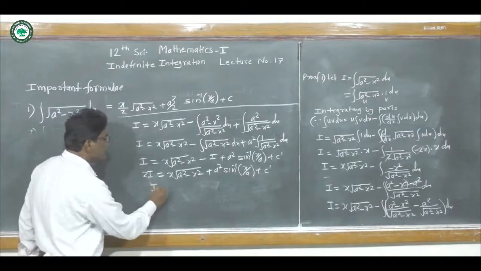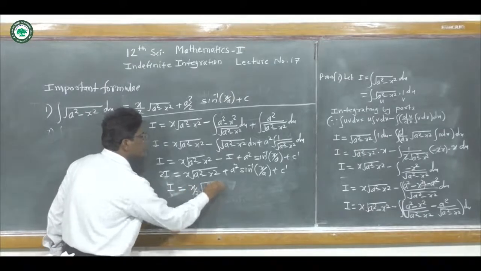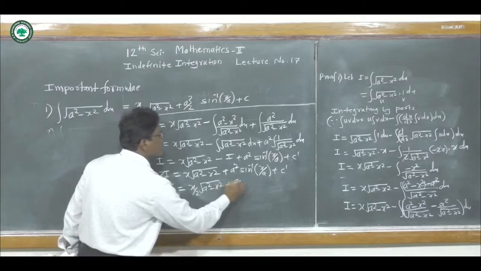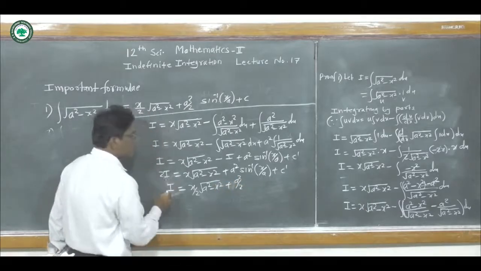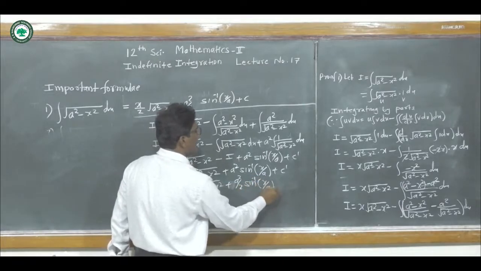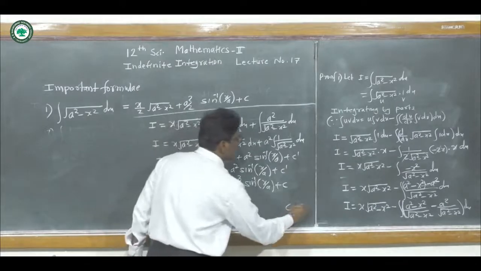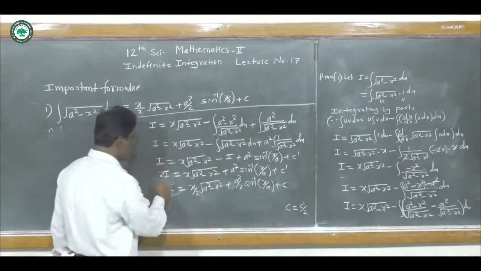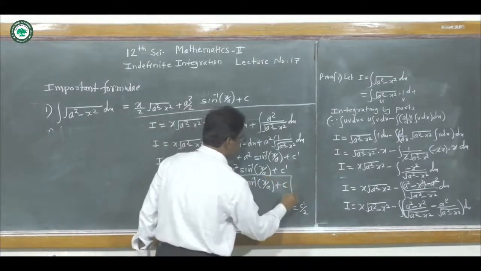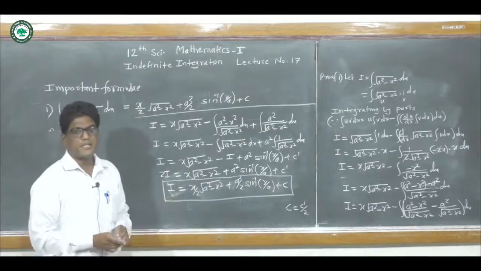So we get here I is equal to x upon 2 into under root of a square minus x square plus a square upon 2 into sine inverse of x upon a, and plus we write here c, where c is equal to c dash upon 2, and this is the final solution for this integration of root of a square minus x square dx.